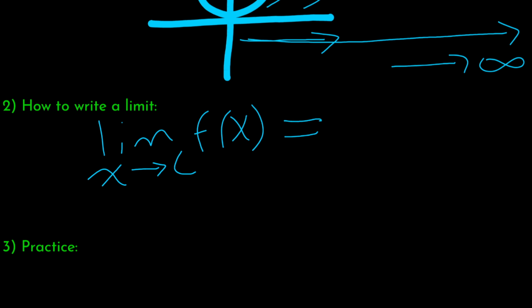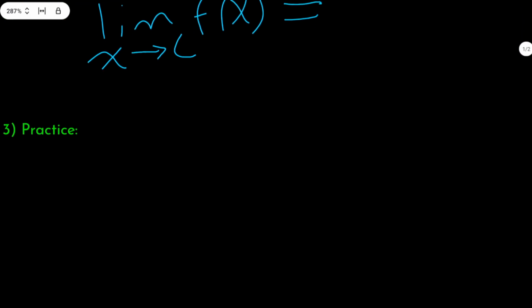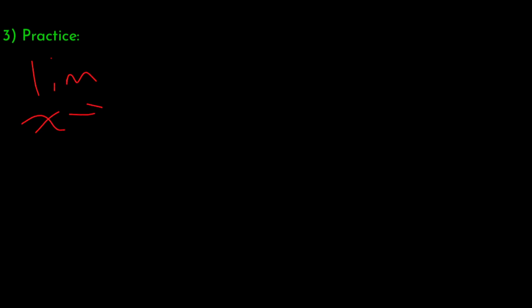So let's do a practice problem. If we have the limit as x goes to 2 of x squared, what is this going to equal? I'll let you pause it and try to figure it out, but I'll just keep going on.